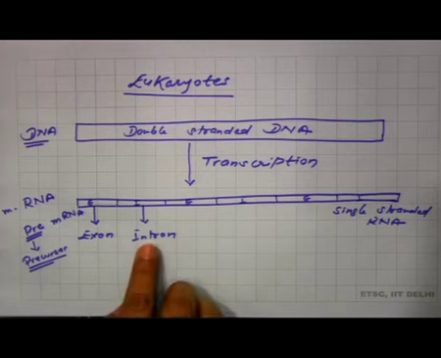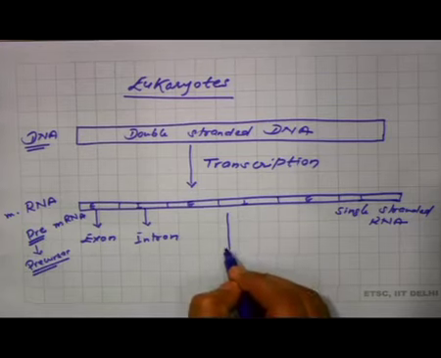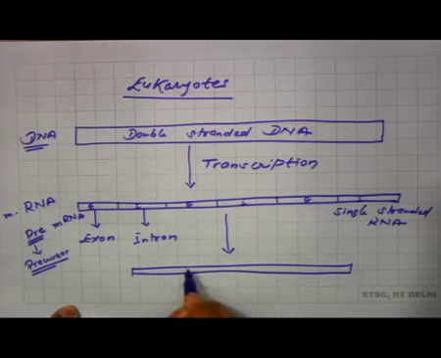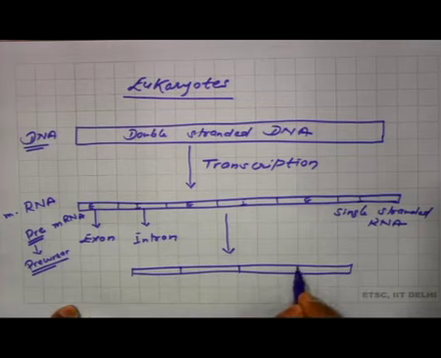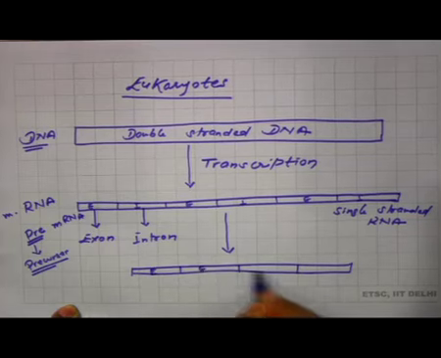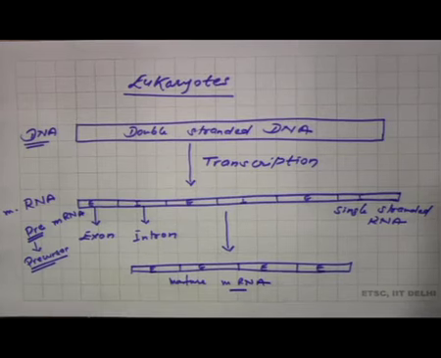So, first of all these introns will be removed by the process of processing and splicing, and all exons will get spliced together to form a mature messenger RNA. So, in case of this particular messenger RNA, all the exons will get spliced, and after splicing the mature messenger RNA will be synthesized.